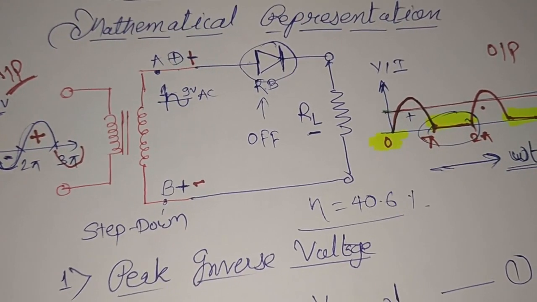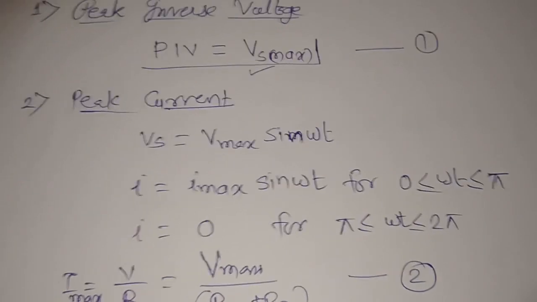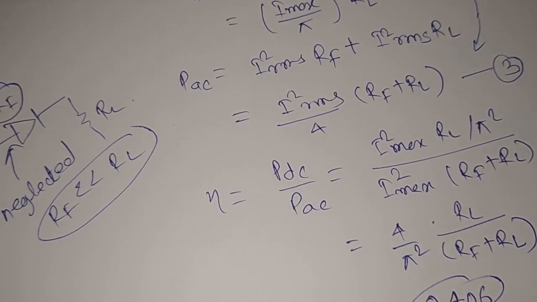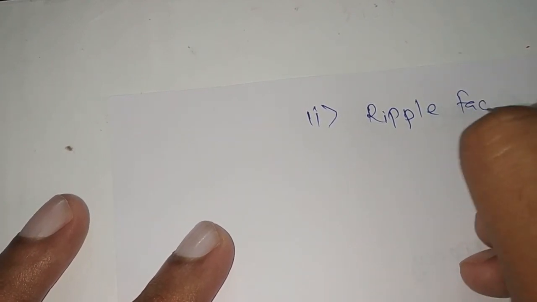One more factor we have to see. It is called the ripple factor. Sometimes in examinations they ask for the derivation and expressions for this. So the next parameter we have to see is the ripple factor.